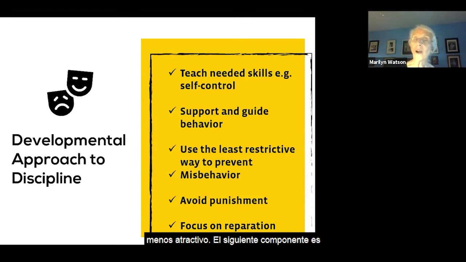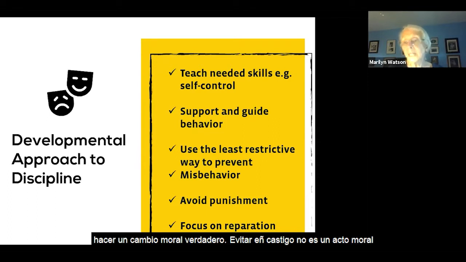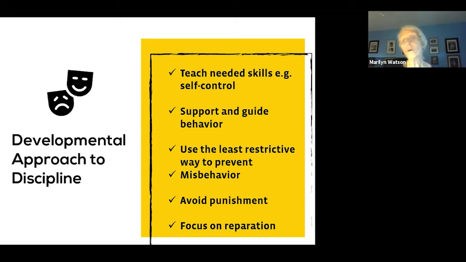All right, the next one is to avoid punishment as much as possible. It's not about punishment. That is not the reason for being moral. It is not moral to avoid punishment. Avoiding punishment is a selfish thing.